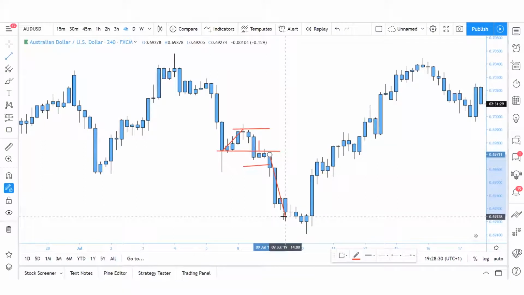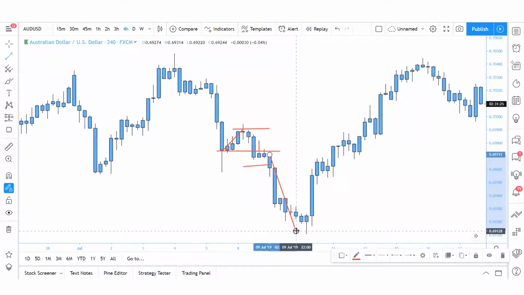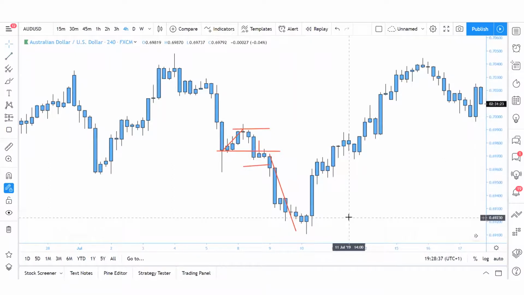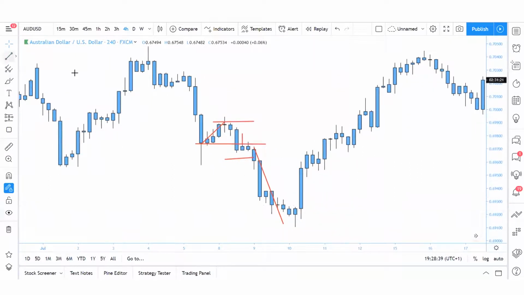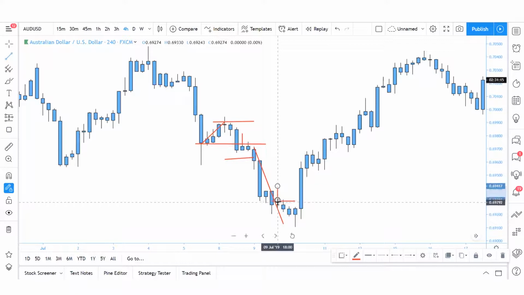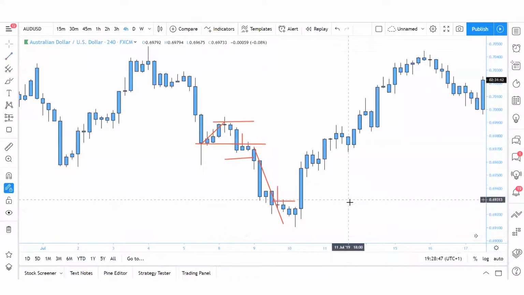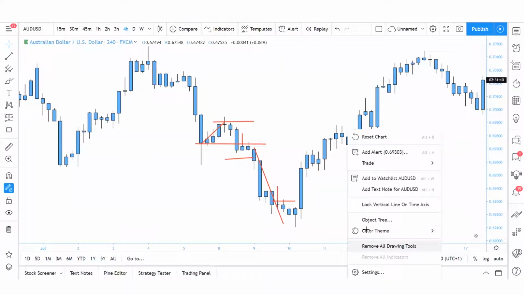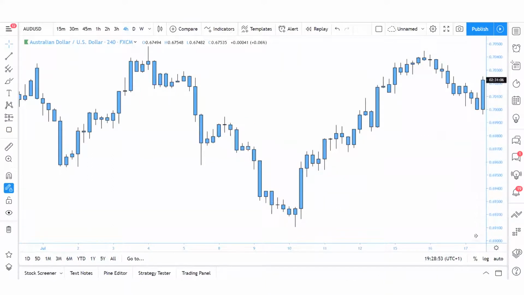Let's continue. So there's a push down, and then there's a push with projections to the bottom. And then would that be considered consolidation as well? Well, I want you to focus on this for a second. Sideways market. So you have the push in the market.